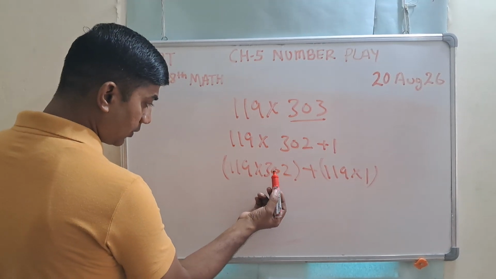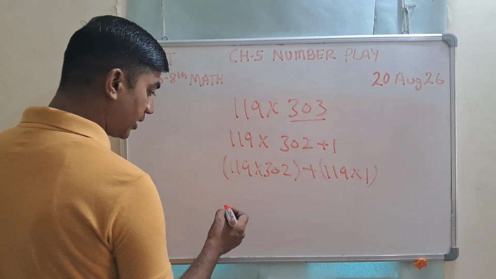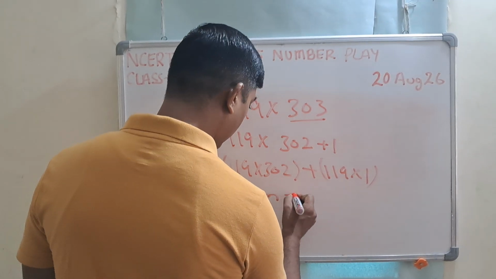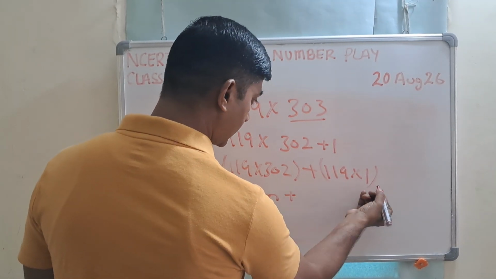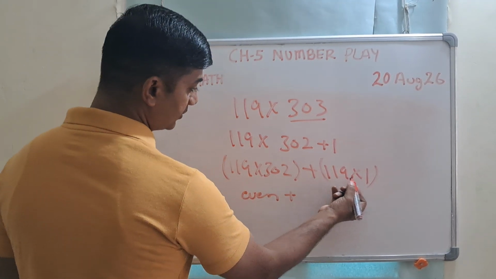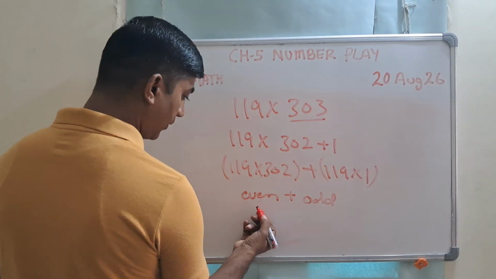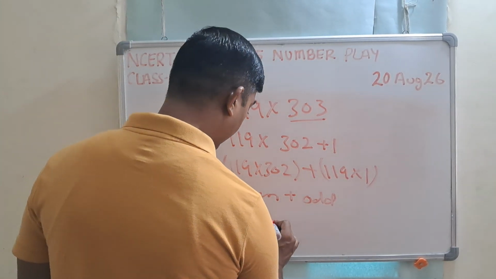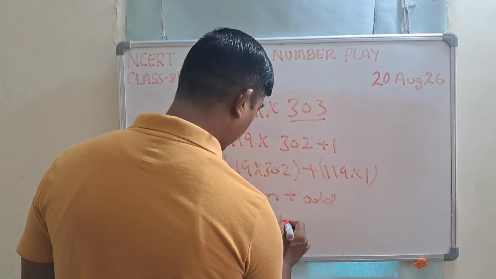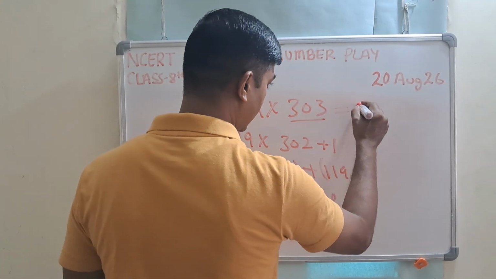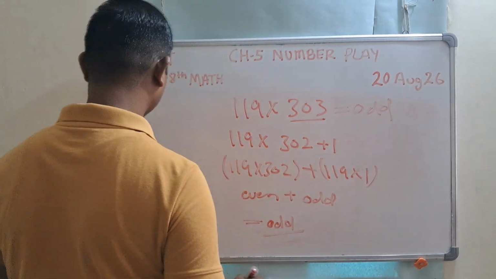When odd is multiplied by even, we have seen it is always even. And plus, what is this result? Odd multiplied by 1, this result is odd. Now when we add even plus odd, we get the result odd. So when two odd numbers are multiplied, you will always get the result odd.